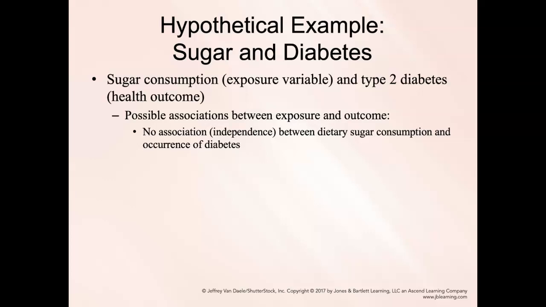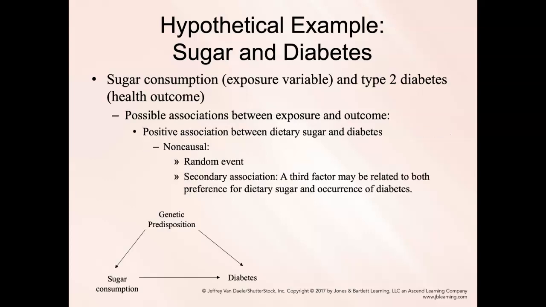That is a possibility. However, it is also possible that when we analyze that data, we do find an association between sugar consumption and diabetes. We might see a positive association, where you observe basically that the more sugar you consume, the higher the risk is for developing type 2 diabetes. That would be a positive association.